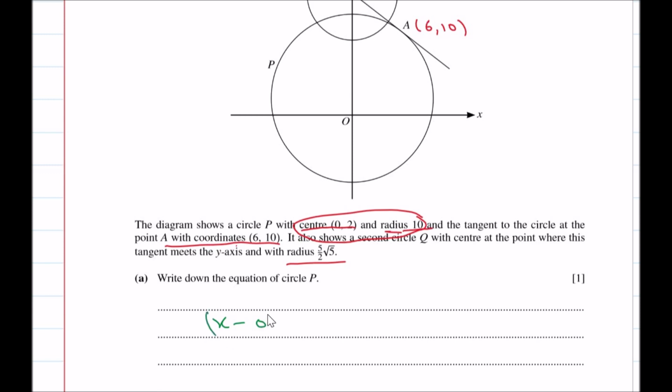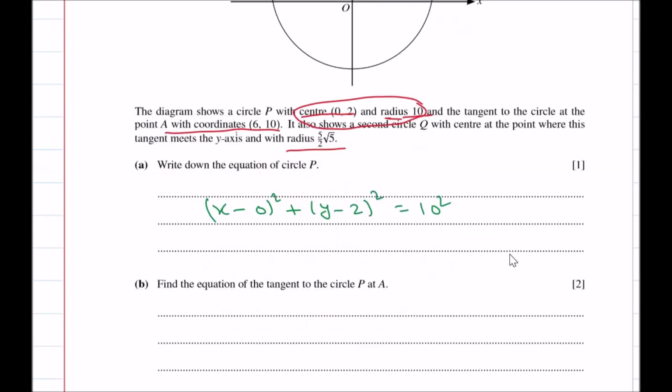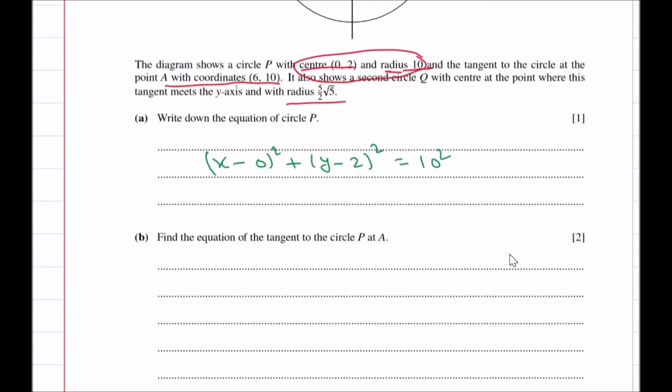So, x minus 0 whole square plus y minus 2, because y coordinate is 2, whole square is equal to 10 square. Radius is 10, so 10 square. We know that x minus a square plus y minus b square equal to radius square. Now if you simplify this, we get x square plus y minus 2 whole square is equal to 100. So this is the answer.